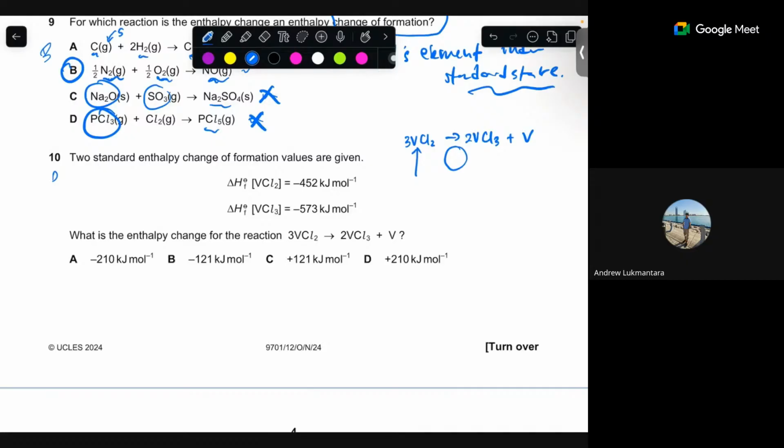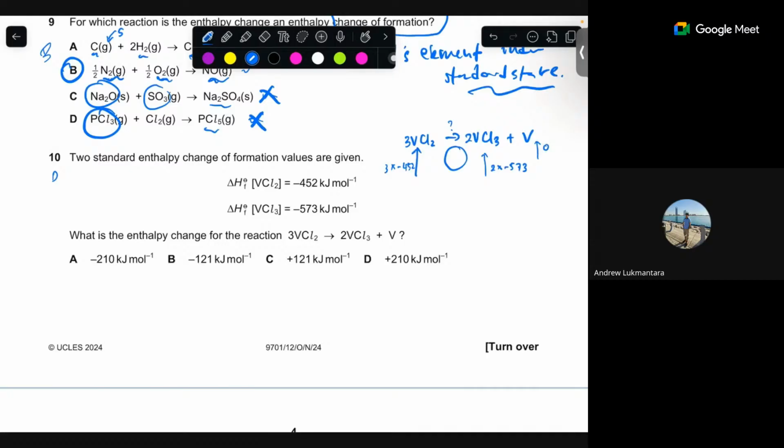So 3 times VCl2, 3 times negative 452. This is what we are looking for. And to form this, 2 times negative 573. V is going to be 0. Any elements, to form them is going to be 0.